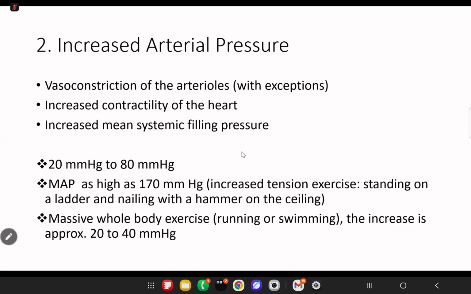So your mean arterial pressure may go as high as 170. But usually in dynamic exercises or massive whole body exercises like running or swimming, the mean arterial pressure does not rise by that much. It rises by about 20 to 40 millimeters of mercury.